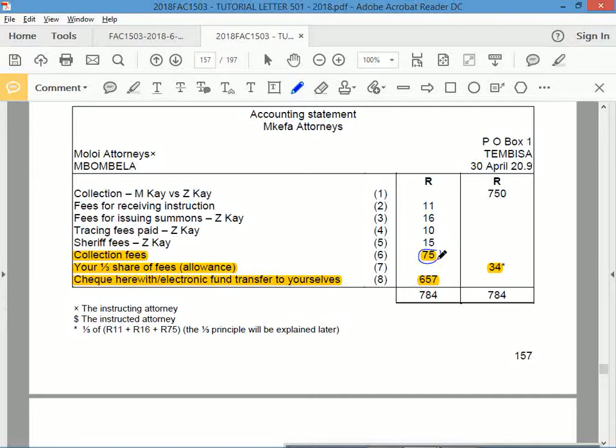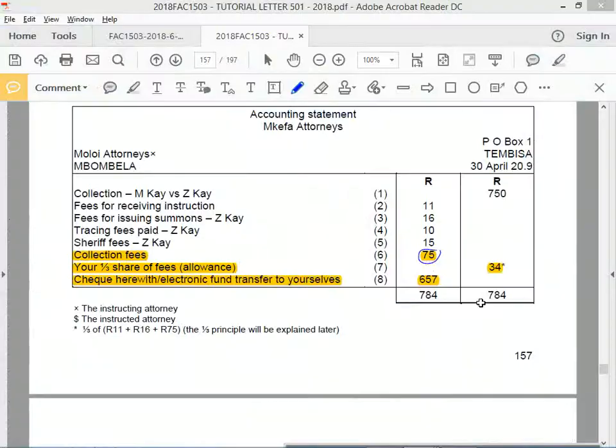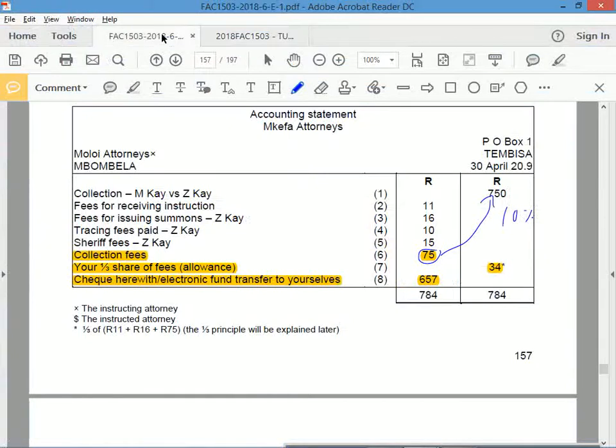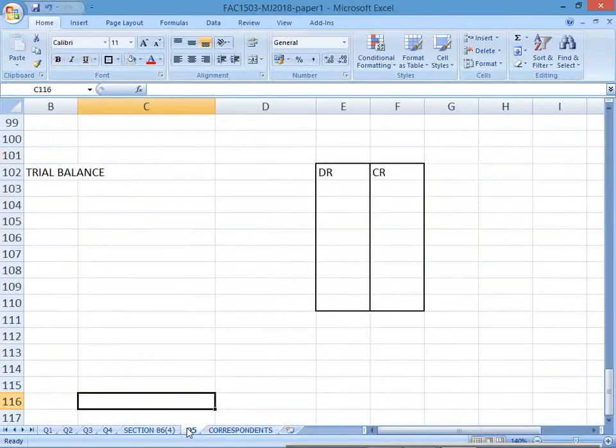The collection fees is 75, which was 10% of the total. Okay, that was the theory. So this was 10%. Then you had all those additional fees to consider. So the first thing that we can do here is calculate the collection fee. So 24,000, let's write that in. Let's go back up to the top.